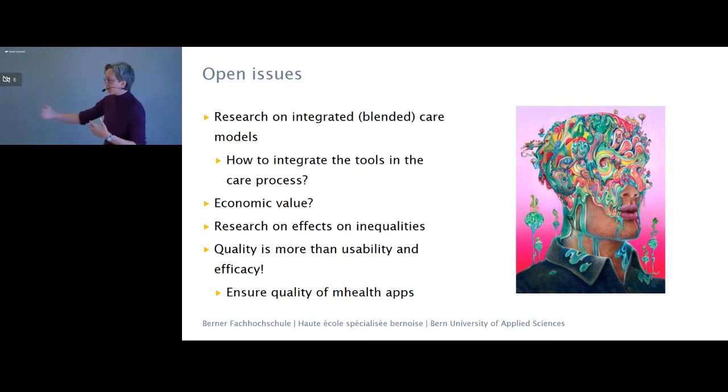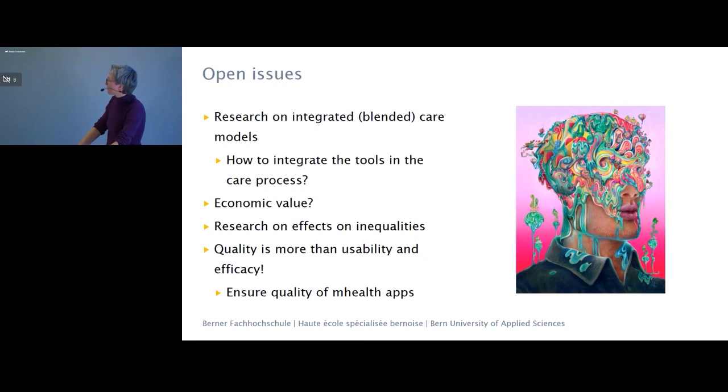So when you're using it to support the therapy, maybe the therapist is supposed to ask at least from time to time how it goes with that. Then I'm not sure whether there are studies, but we did not find any about the economic value. Does it have some economic value? This matters because when we find some economic value, health insurances will be willing to pay for the apps. So developing apps is not for free, I can tell you.